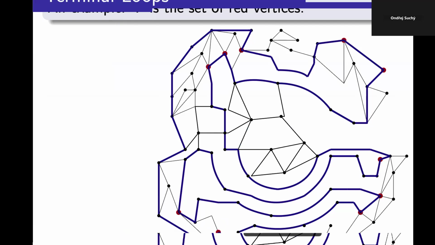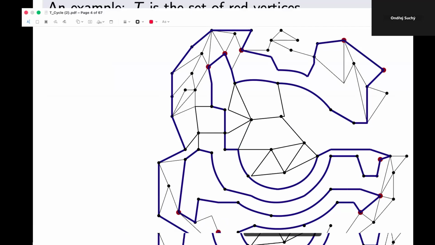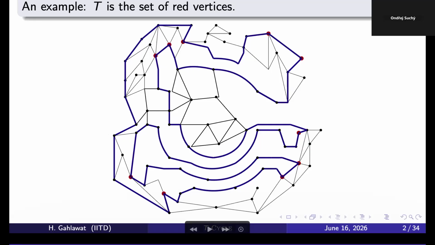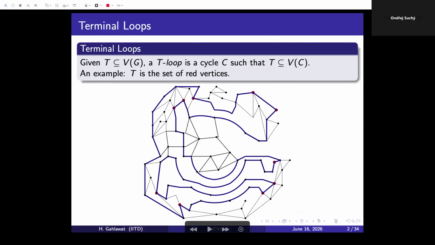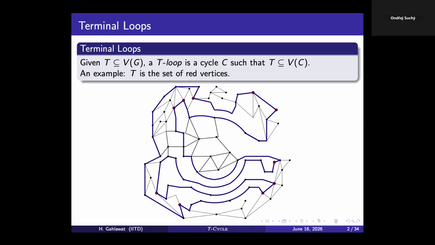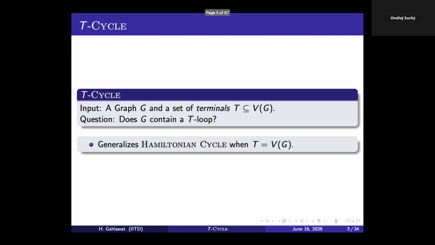Yes, so I will very quickly stop the share and start again. Slideshow. And now this should be, okay, now is this the same file, right?